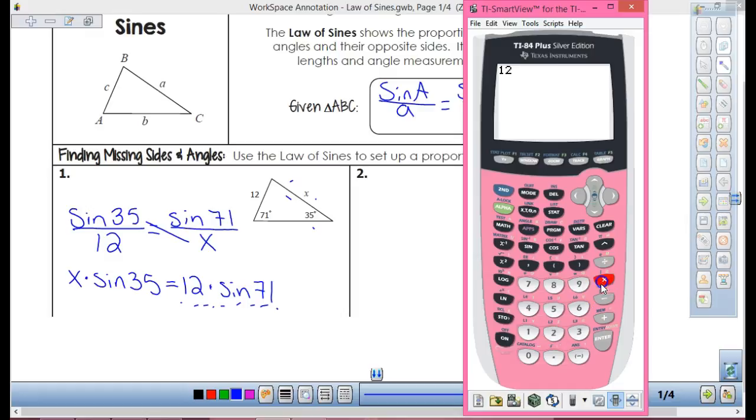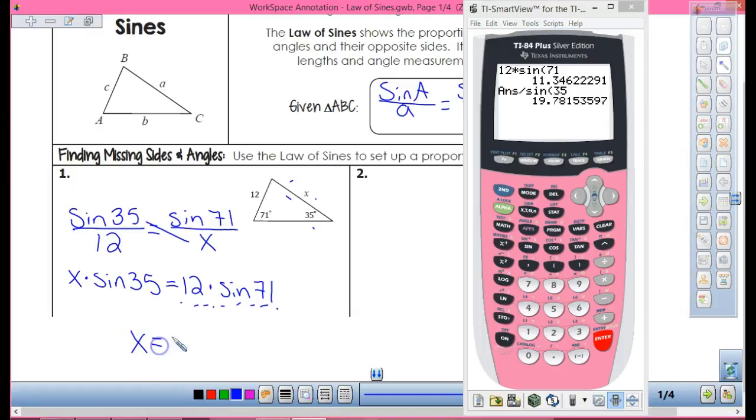So 12 times the sine of 71, and hit enter. Okay, and then to get x by itself over here, what do we have to do? Divide. So leave that as that big long decimal. Hit divided by sine of 35. Round to the nearest tenth, and x is 19.8.